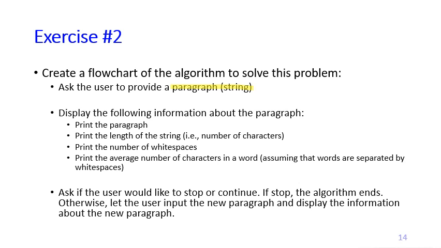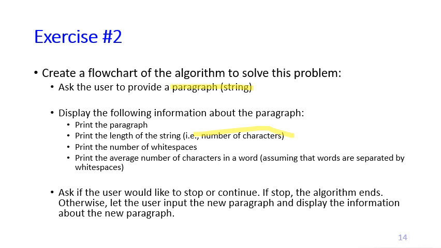First, print the paragraph, then print the length of the string, which means how many characters are in that paragraph, print the number of white spaces, and then print the average number of characters in a word, assuming that the words are separated by white spaces.